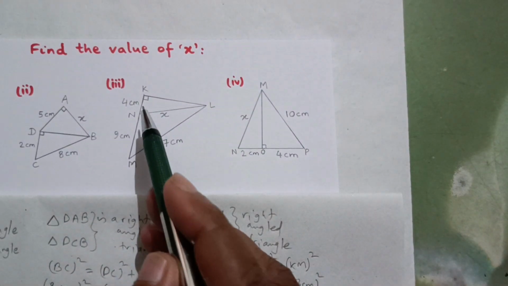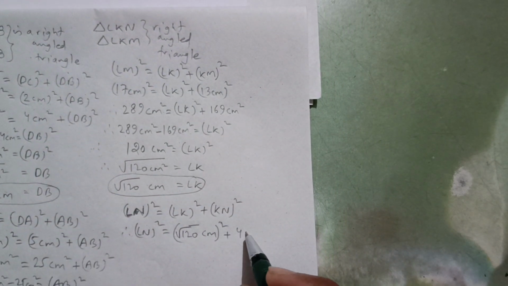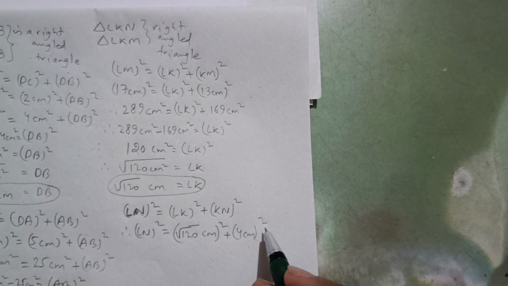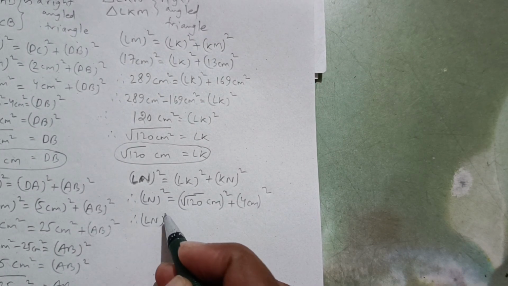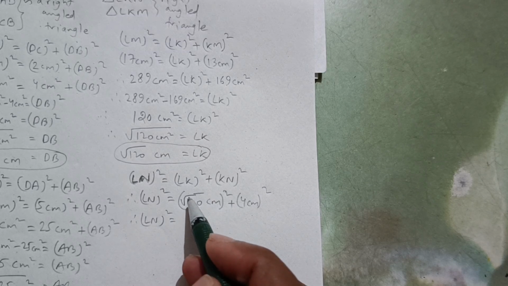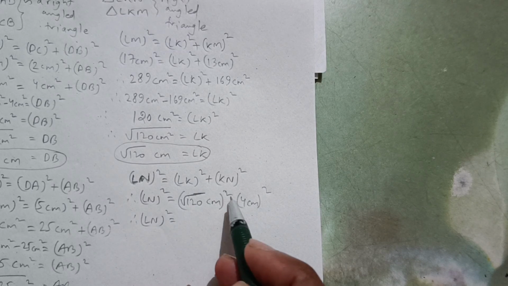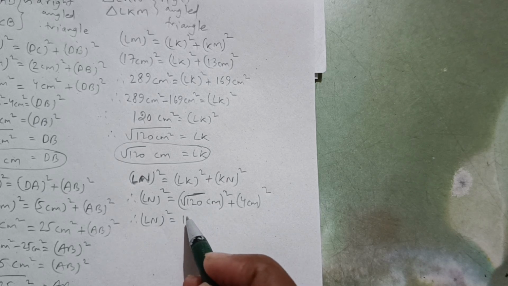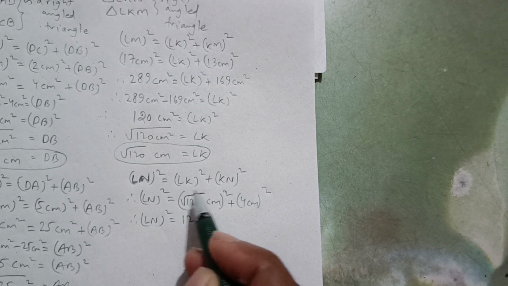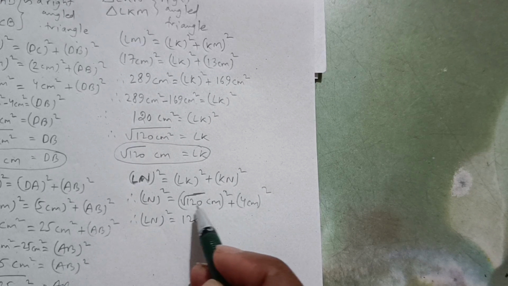Now KN is 4 centimeter. So KN whole square, 4 centimeter whole square. Therefore LN whole square is equal to square root of 120 centimeter whole square. Square root of 120 whole square will give us 120.